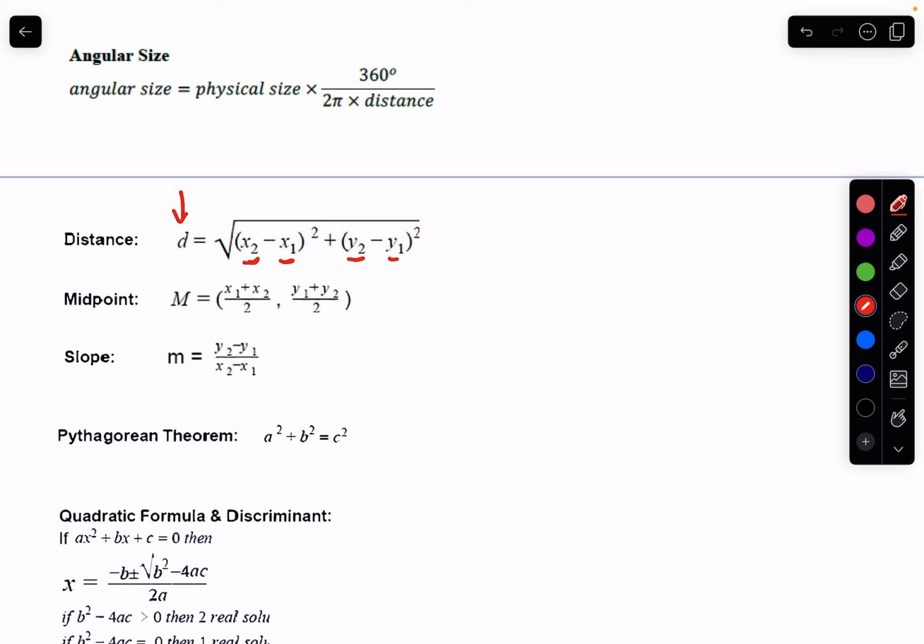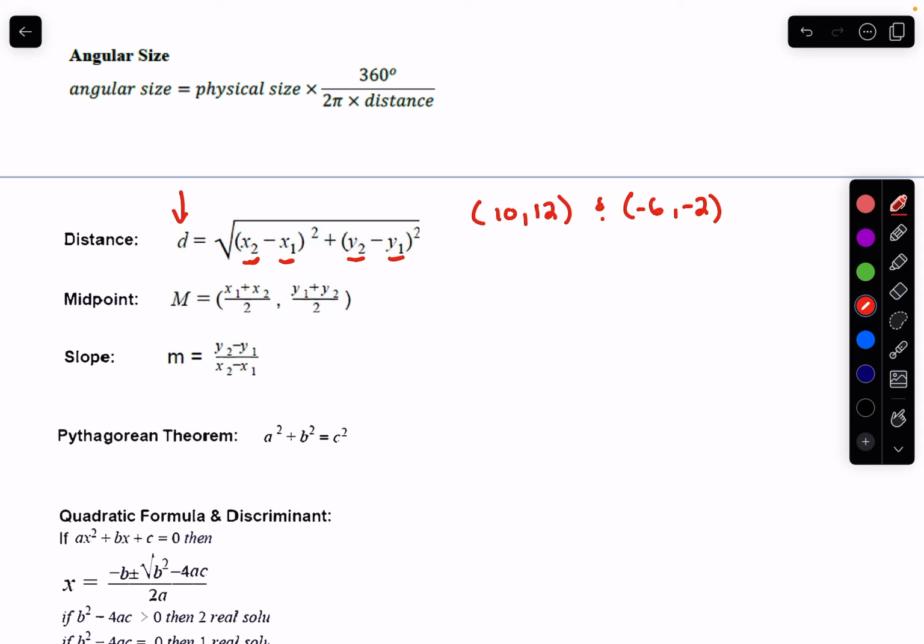So if I'm looking for the distance between 2 points, let's say (10, 12) and, I don't know, (-6, -2). So those are my 2 points. The X1, X2, Y1, Y2 comes from the coordinates. So this is X1, this is Y1.